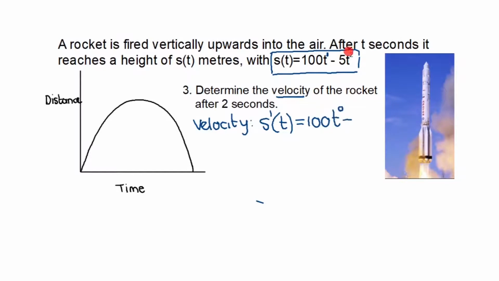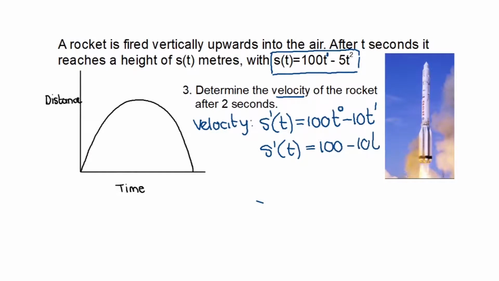Then I take the 2 to the front and multiply it with the negative 5, so it's going to be negative 10 t to the power 1 less. So the velocity is given by the formula 100 minus 10t.